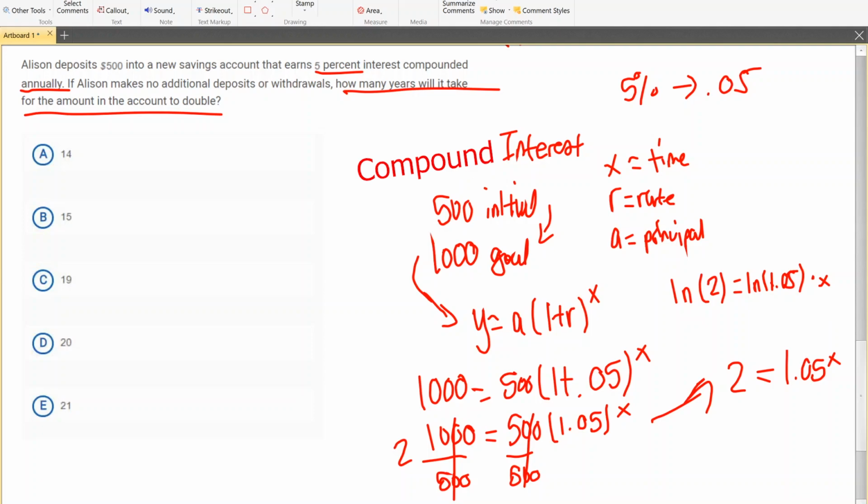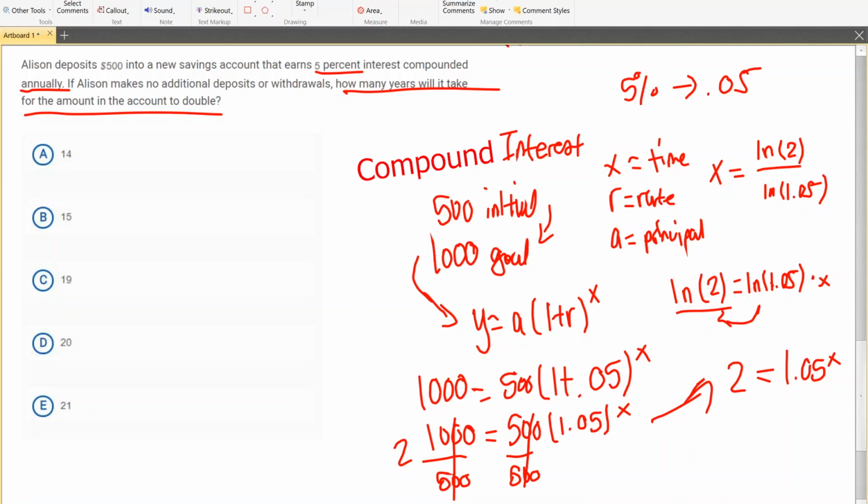How we did this was, in order to bring this exponent down, we just take the ln, or log. And that's how you solve for x's in exponents. Now, in order to get x by itself, we need to divide this over. So ln of 2 will be up top, ln 1.05 will be on the bottom.